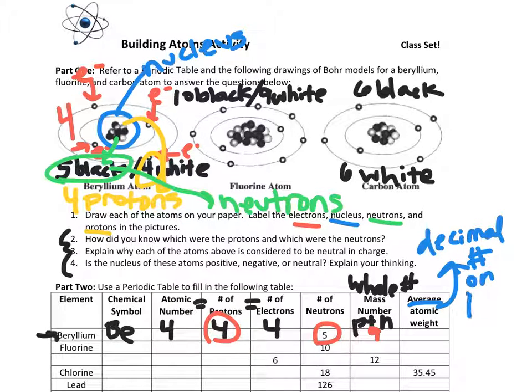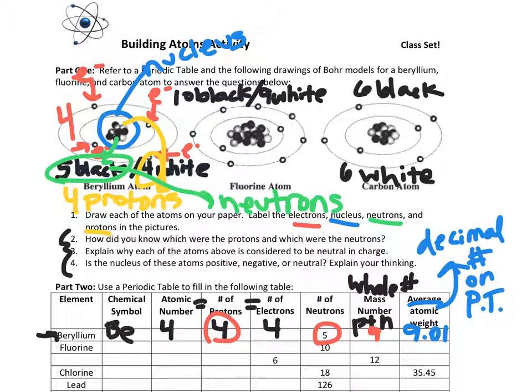So take a look at beryllium, and you're going to see underneath its chemical symbol, the average atomic weight, and for him, it's 9.01. So the average atomic weight is always a decimal number, because remember, again, it's the average mass of all the different isotopes for beryllium.